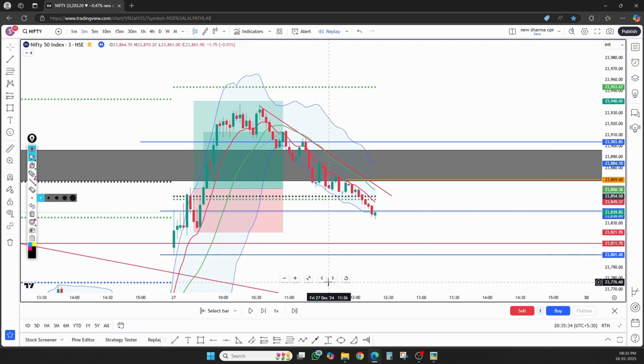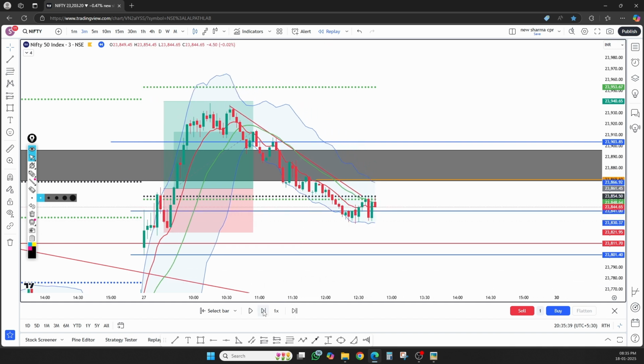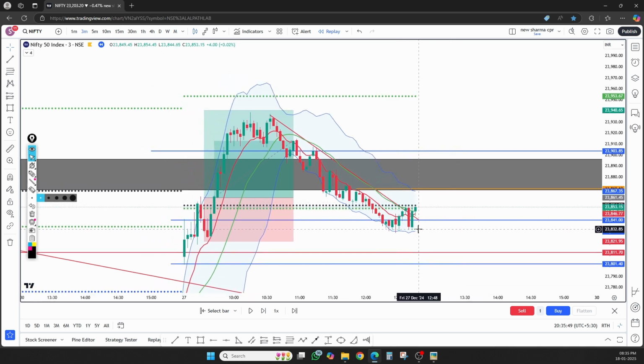Still we wait, nothing, we haven't got any reversal kind of. Almost trying to go up. Okay, almost like a tweezer bottom pattern.